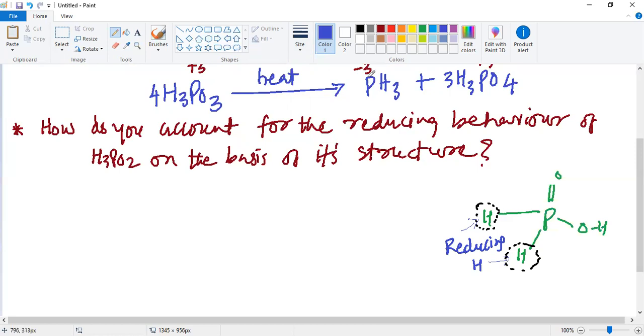So these two reducing H are responsible for the basic reducing property of H3PO2.